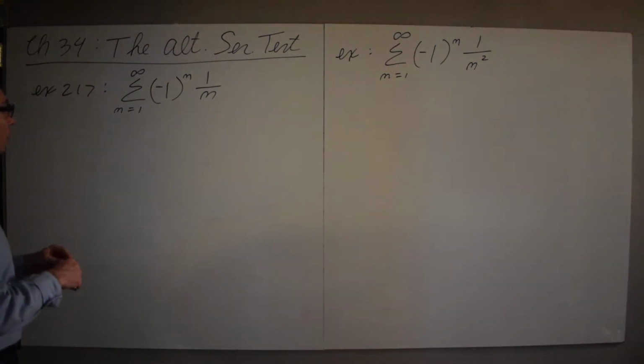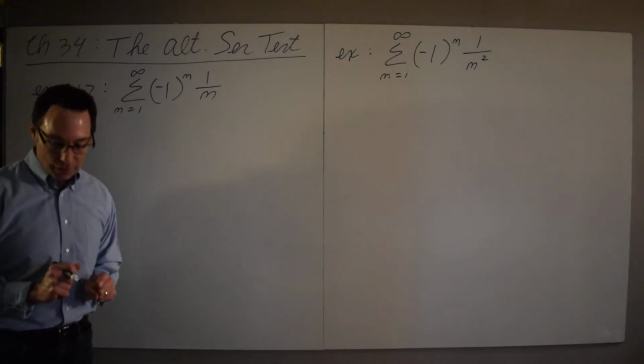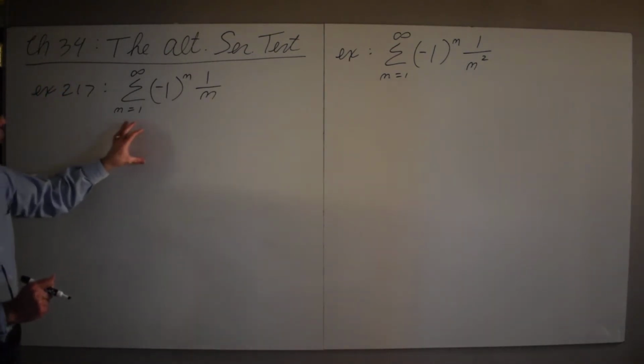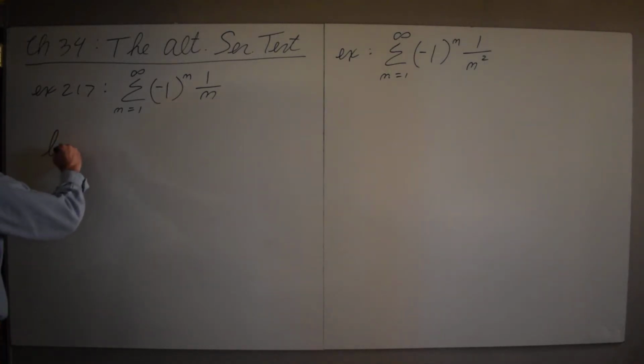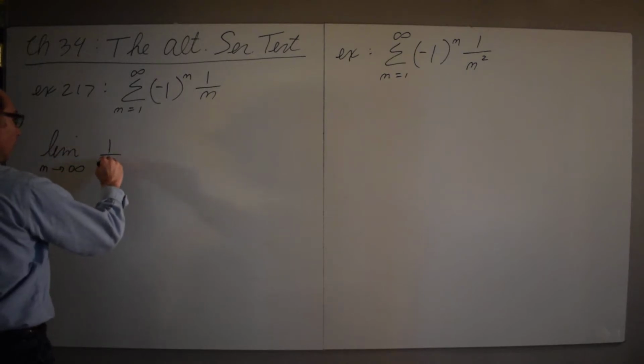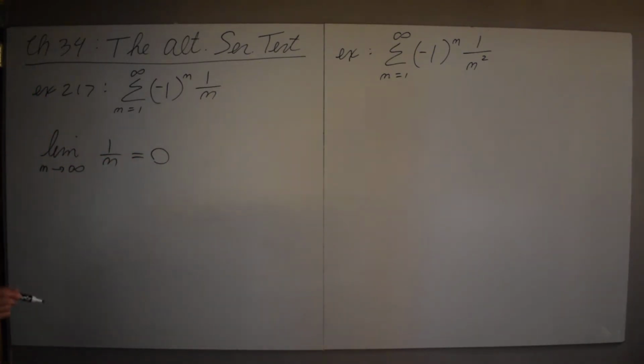So here, we've already seen from the last chapter that the alternating harmonic series is convergent, but now if we want to apply the alternating series test, we simply take the limit as n tends to infinity of 1 over n, and we see that that is 0.